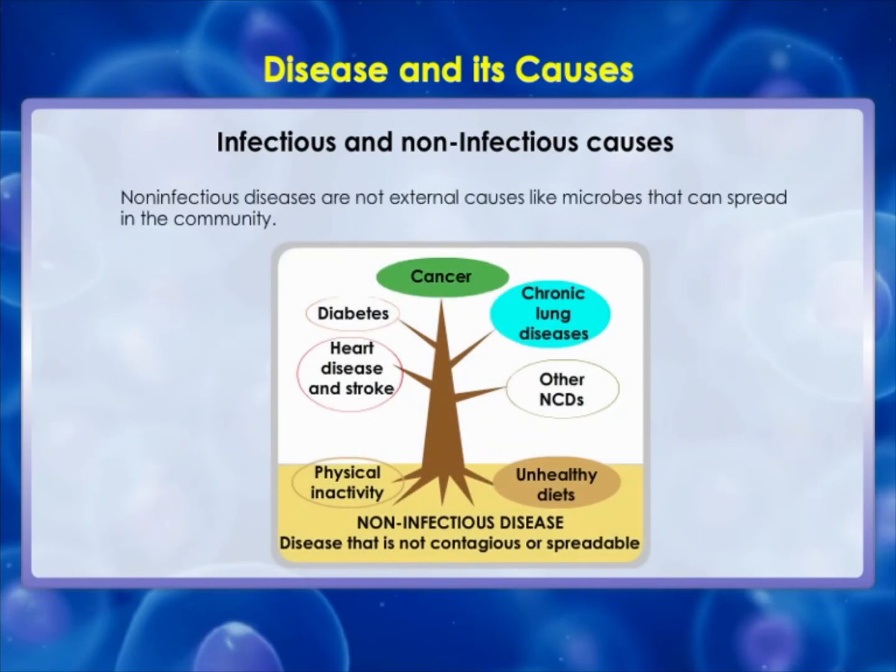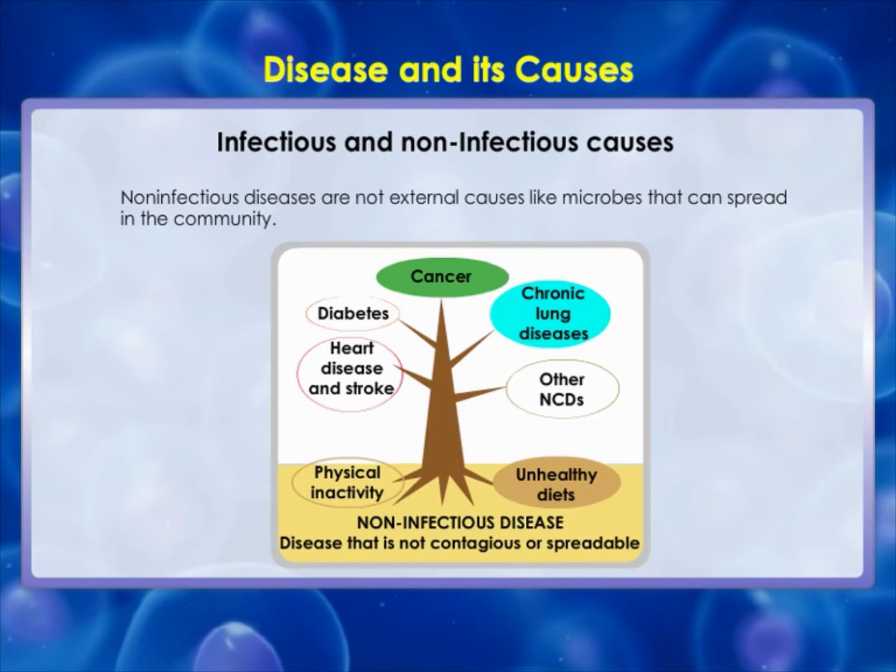On the other hand, there are also diseases that are not caused by infectious agents. Their causes vary, but they are not external causes like microbes that can spread in the community. Instead, these are mostly internal, non-infectious causes. For example, some cancers are caused by genetic abnormalities. High blood pressure can be caused by excessive weight and lack of exercise.